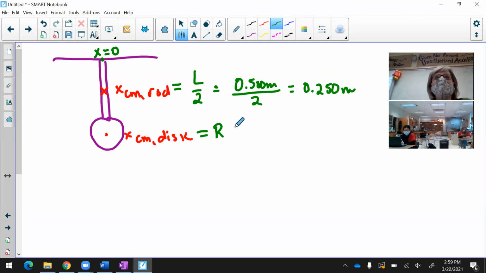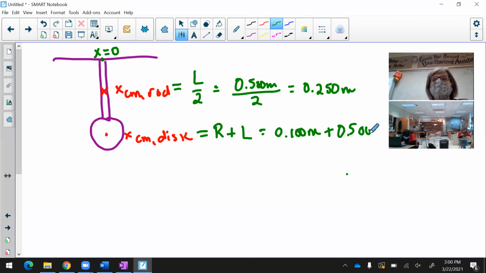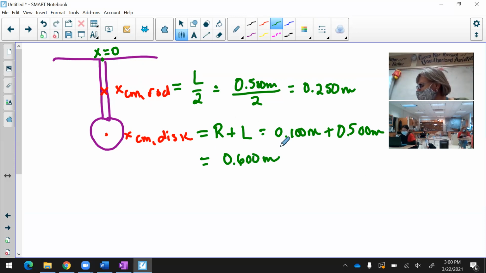Radius what? I have to measure it from where X is equal to 0. The length of the rod plus the radius. The radius was 0.100 meters, and the length of the rod is 0.500 meters. So that gives me 0.600 meters.